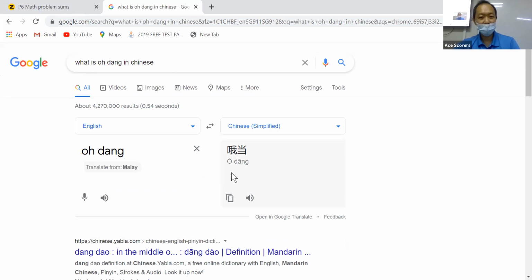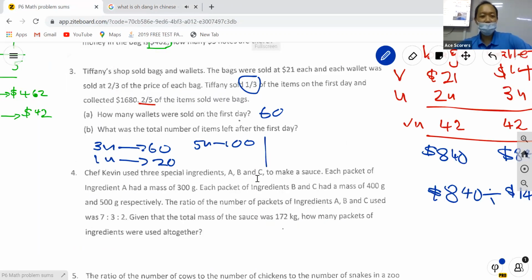Okay, whatever. Let's do the same. Wait. So 100 is 5 units, which is 1/3, right? So I need 2/3. So 100 times 2 is 200.